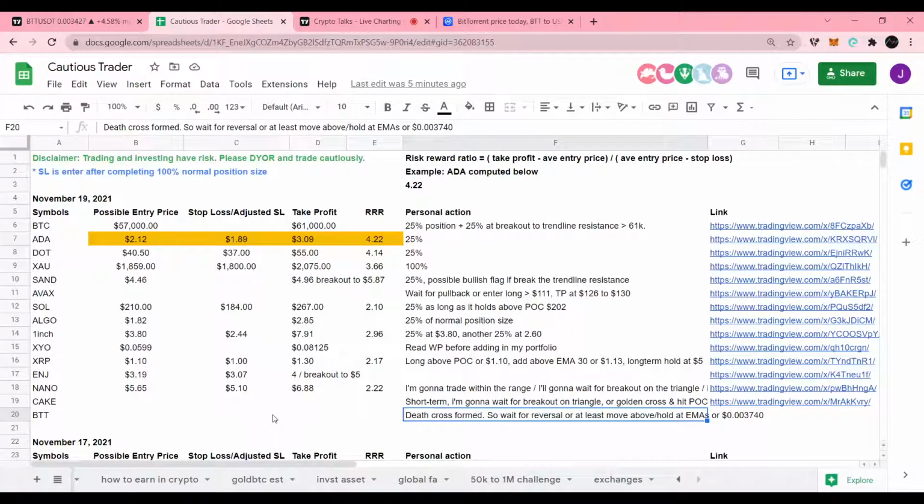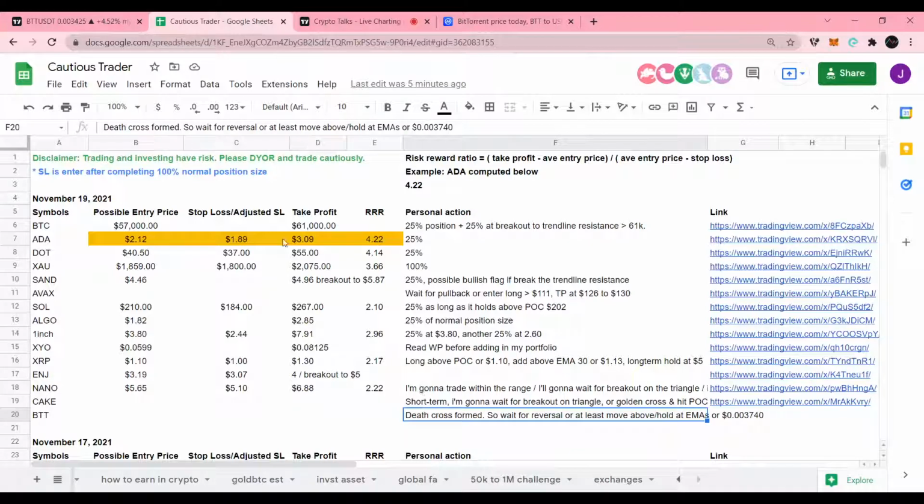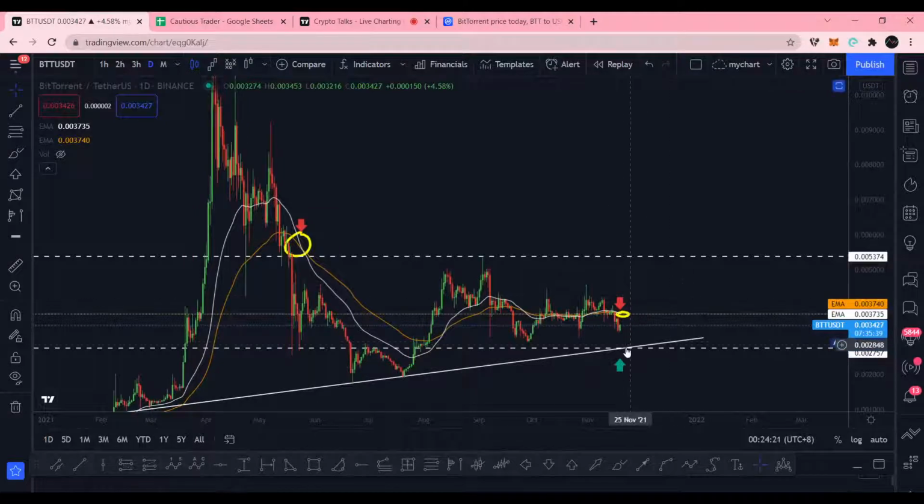So it's a dead cross. I'm going to wait for a reversal or at least a move above the EMAs or 3,740, or at least this.